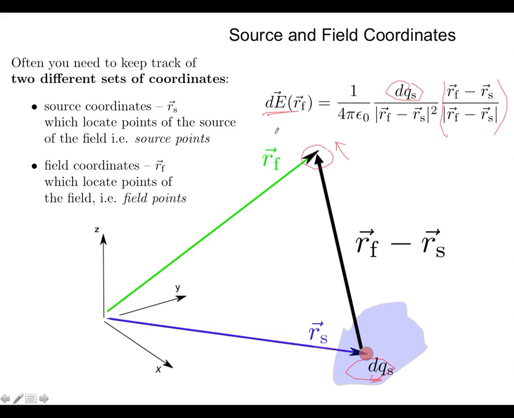And you'll often see the unit vector written as n with a hat on it, a hat often being used for unit vectors. And along with the sign of dq_s, it specifies the direction of the electric field.